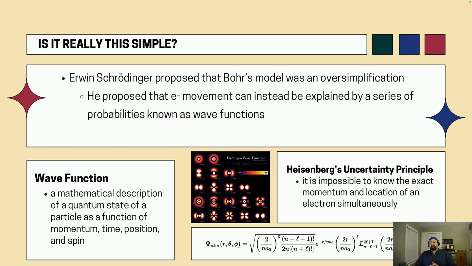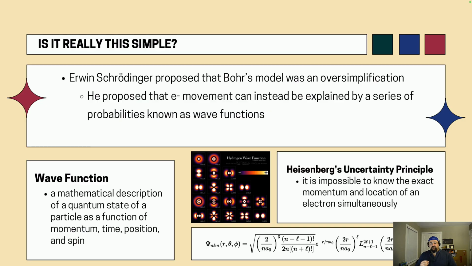Okay, now because electrons are so small, because their movement is influenced so easily, Heisenberg came up with his uncertainty principle. Another scientist, right? He came up with this concept that it's impossible to know exactly where an electron is and where it's moving, its direction and speed.